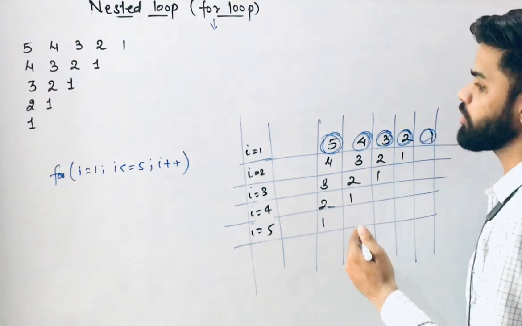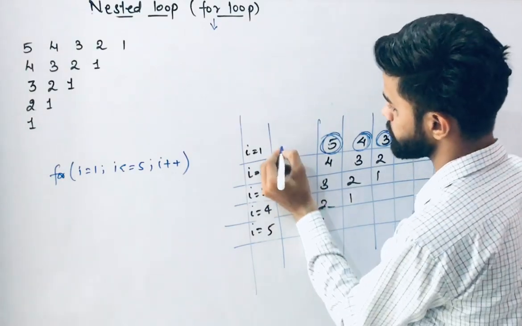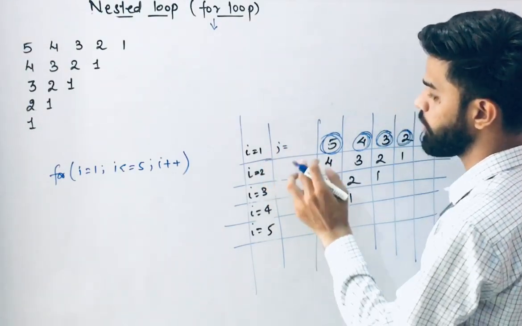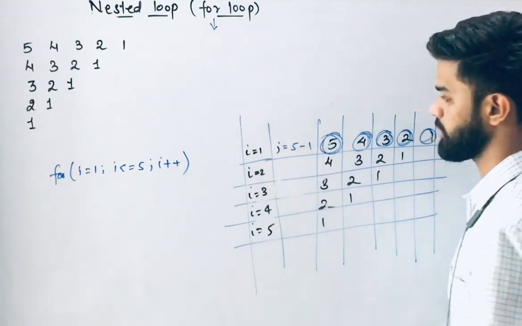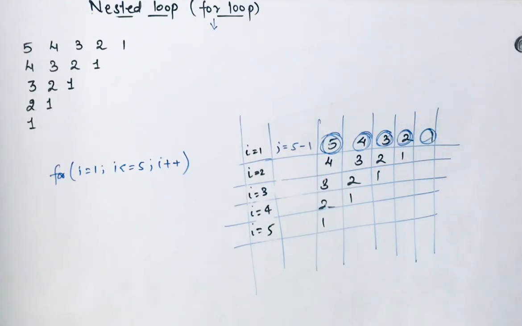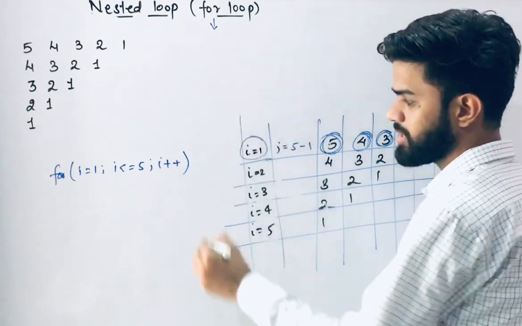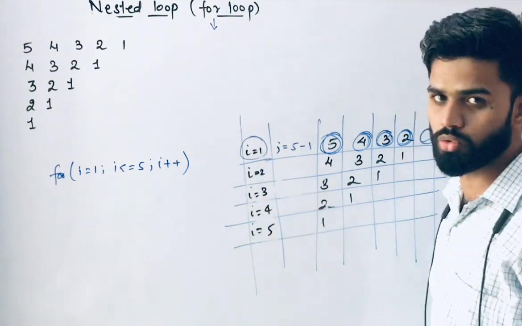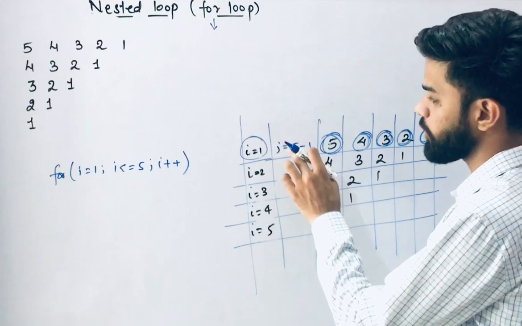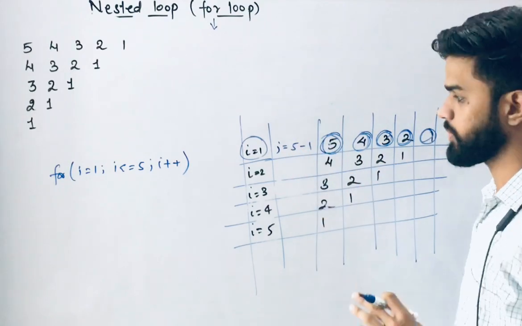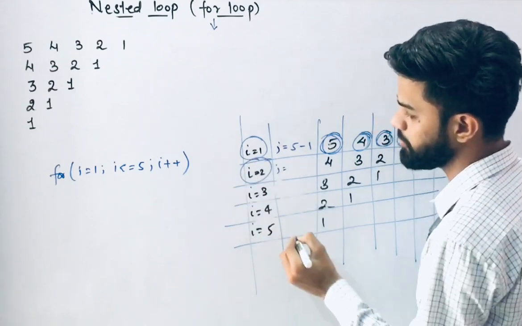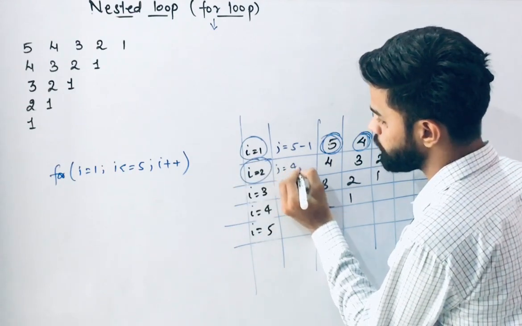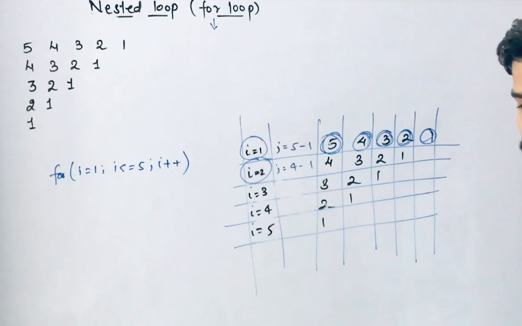Suppose our inner loop runs through j. The first time, it starts printing from 5 to 1. When the outer loop condition is true, the inner loop prints from 5 to 1. When the outer loop runs the second time, the inner loop prints from 4 to 1.